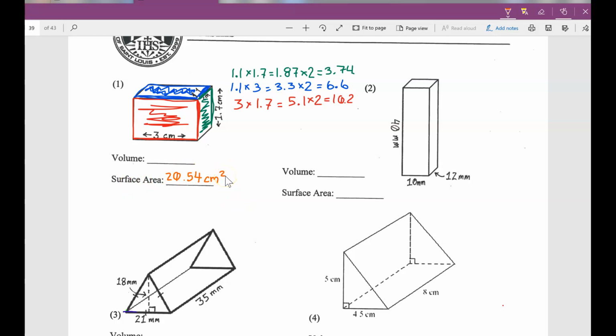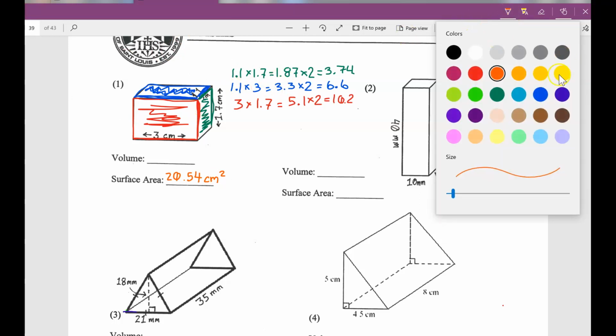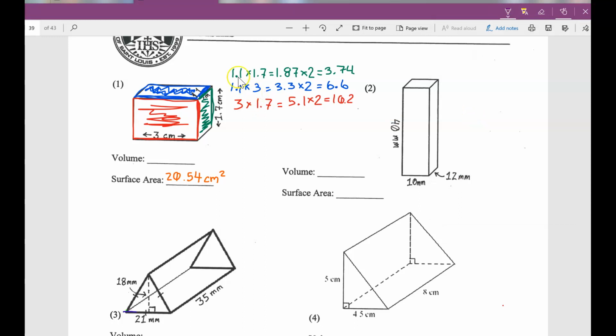Now there is a way that we can break this down into a simpler formula. If you notice, what we've done here is we've taken every possible combination of the 3 measurements we know. We did 1.1 times 1.7, we did 1.1 times 3, and we did 3 times 1.7. Every single possible combination of the 3 measurements, we multiplied together.